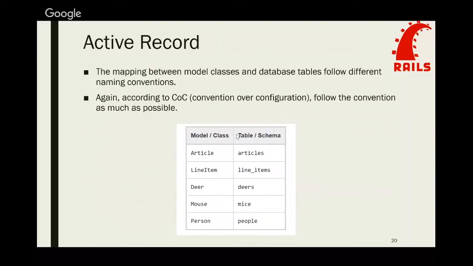But your model class should usually be in the singular form, like article, person, and item. And make sure that the first letter of each word is capitalized, and in your schema, the table name will just use underscores.